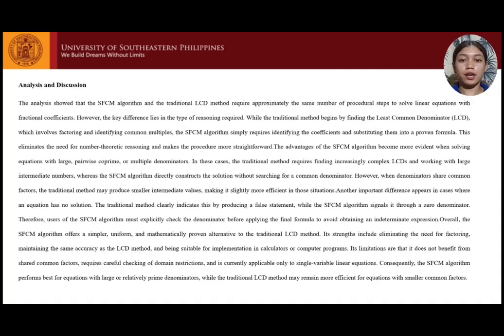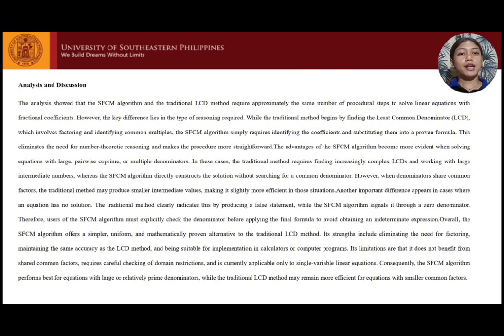That distinction becomes most visible exactly where we'd expect it to: in equation 3, with its pairwise co-prime denominators, and in equation 4, where 4 denominators would have forced the traditional method to search for a common multiple across twice as many numbers. In both cases, SFCM simply constructs its denominator as a product of known values. It doesn't search for anything smaller.